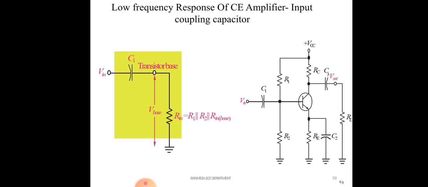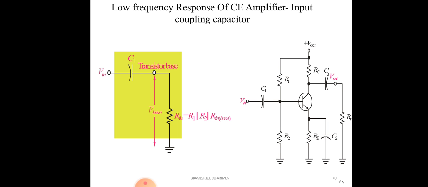When you apply a low frequency input signal, the capacitive reactance of this RC network is very high, so it allows only a low signal. A low signal means a low current reaches the base junction. Low current means, since IC is equal to beta times IB, a low output current. So low output current means the voltage gain is low at low frequency.